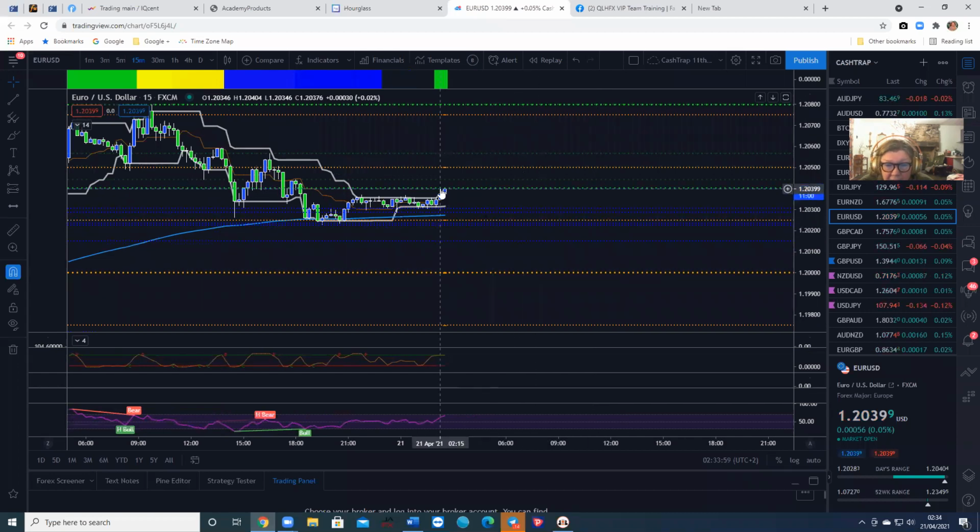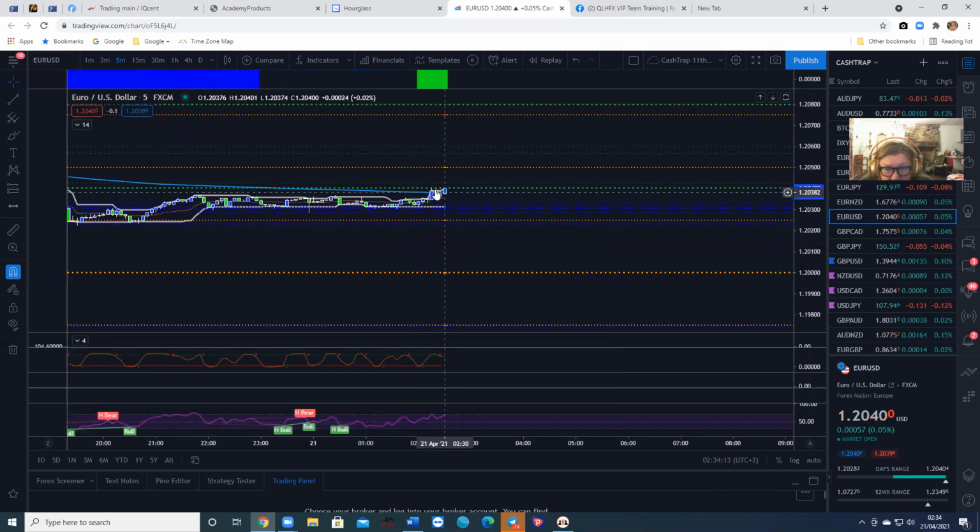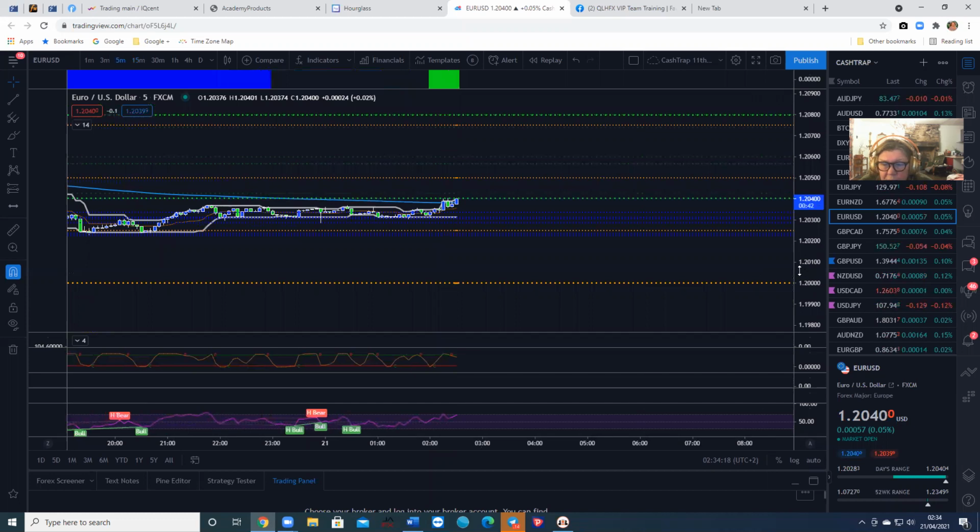So it did wick off that at the 15-minute candle. So that is why, although I had a flat bottom, it wicked off it. So I thought it was being held where, let's come to the 5 minute. But it is just pushing above that 200 moving average, so quite a critical point.